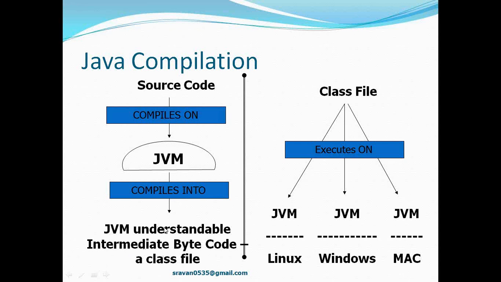That file is understood by the JVM. Every operating system, whether Linux, Windows or Mac, contains one JVM. So if I compile this file on Windows, I can run the same file on Mac and Linux also. That's why Java is platform independent, because of the JVM.